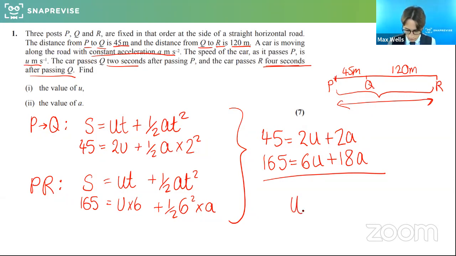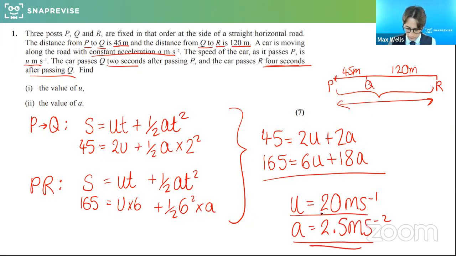Okay, so we should have got U equals 20 meters per second. Well done if you did, and A equals 2.5 meters per second squared. So very well done if you've got that. And even if you didn't, hopefully you'll be able to work towards that and get there. I think it was a really worthwhile question, because I've seen this style of question cause so many issues in the past. So that was good.